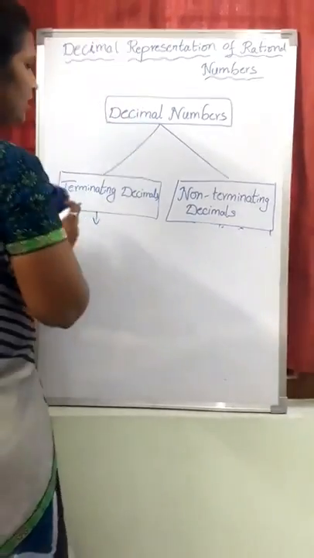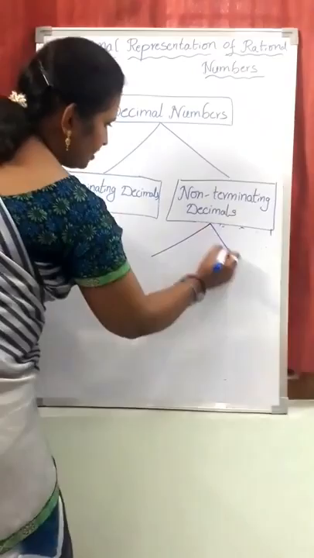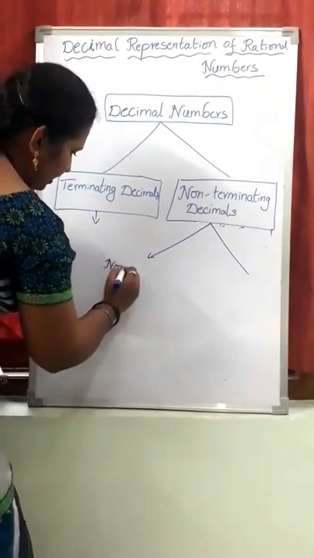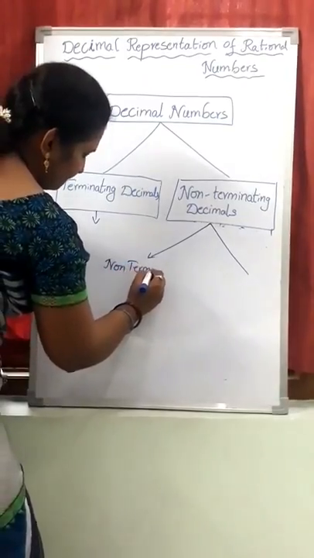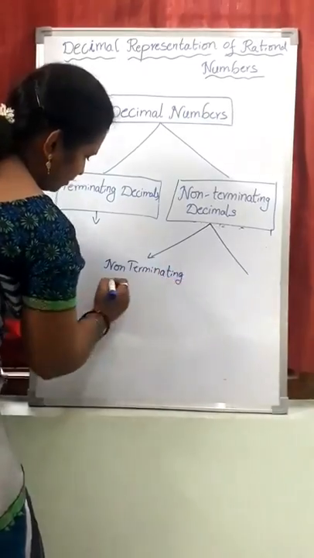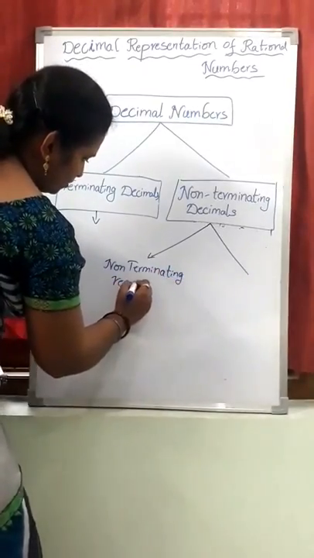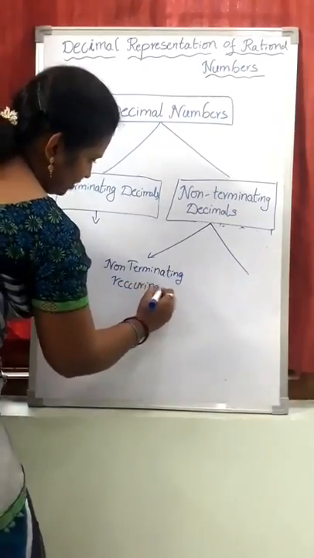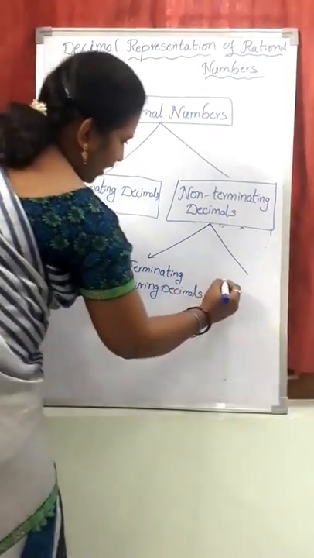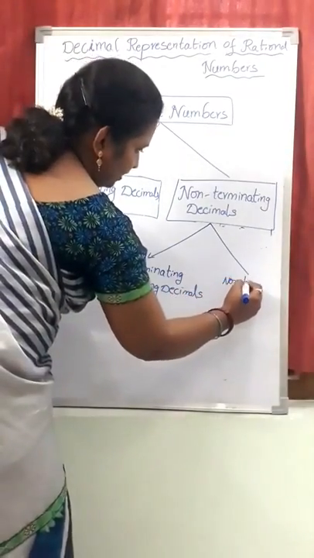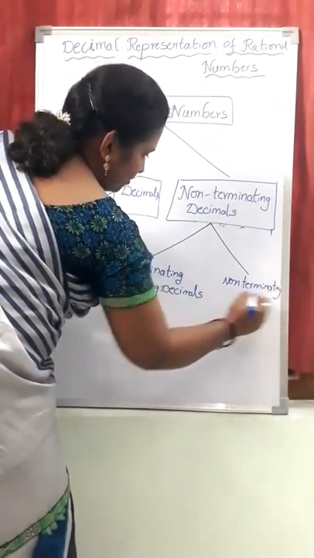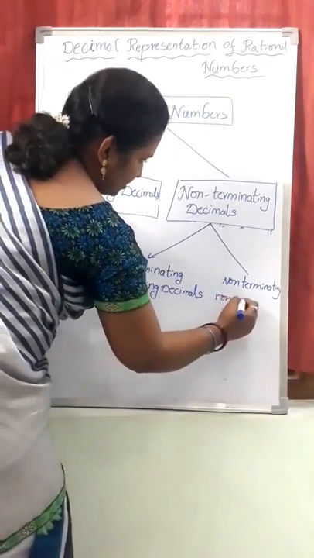Once again, these non-terminating decimals are classified into 2 types, that is, non-terminating recurring decimals and non-terminating non-recurring decimals.